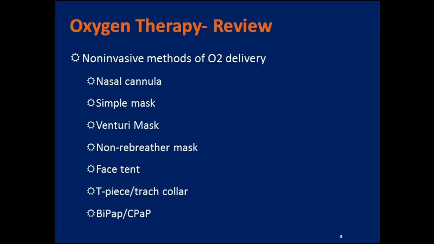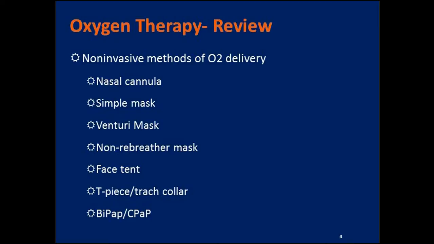If you set a non-rebreather mask at 15 liters flow from an oxygen flow meter, then they're getting pretty close to 100% oxygen. Same with a face tent. If you put a face tent on your patient and you turn it up to 15 liters, they're getting about 98% oxygen. So these are high flow type masks.